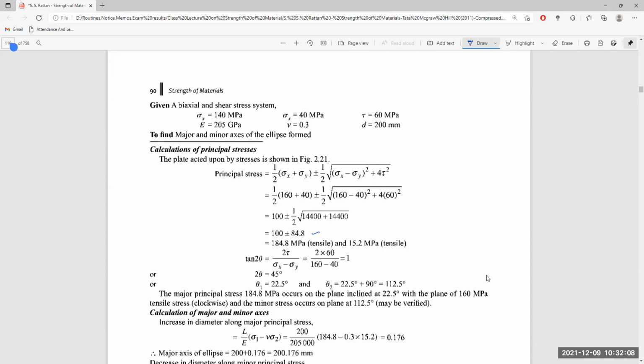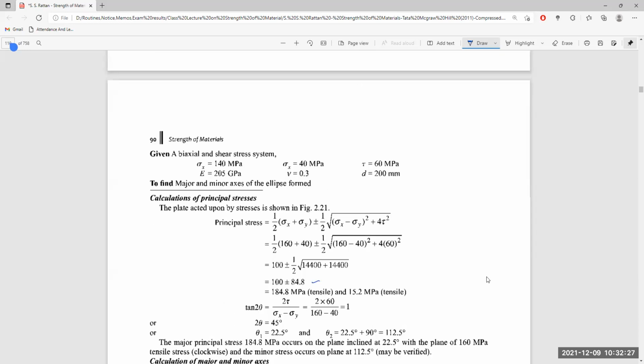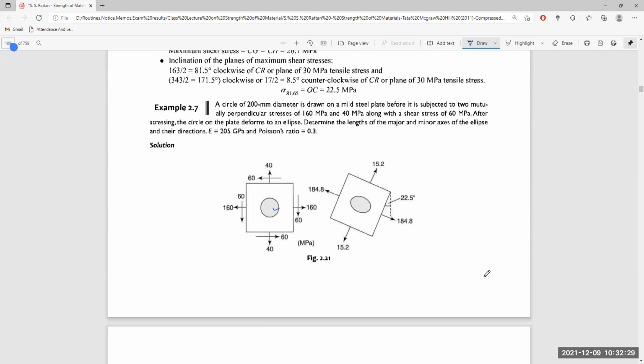Now, what is the major axis? The increase in the diameter along the major principal stress is (sigma 1 minus Poisson's ratio multiplied by sigma 2) divided by E, multiplied by the total length. The circle length is the total 200 millimeter diameter.